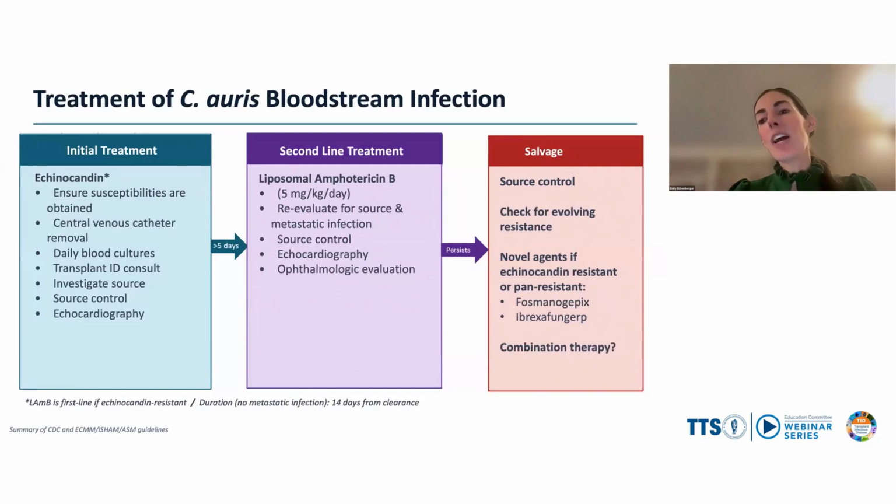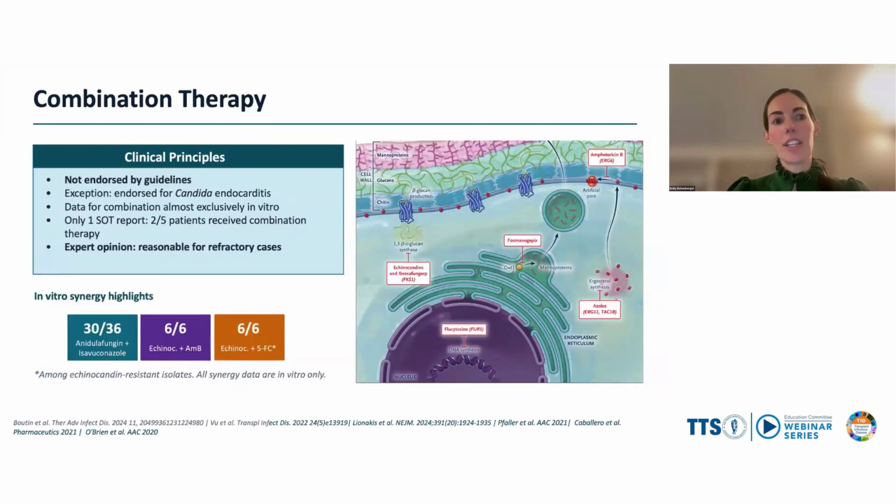And then lastly, if you're not dealing with one of these echinocandin-resistant isolates, but you're having troubles clearing the infection, there has been something that has arisen in my practice, which is the question of combination therapy. So I'll take another detour just to talk about combination therapy. So this is not endorsed by the guidelines, except when you're talking about endocarditis.